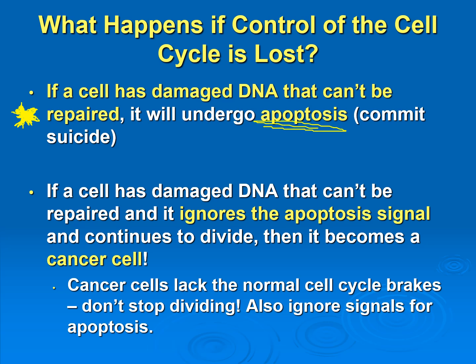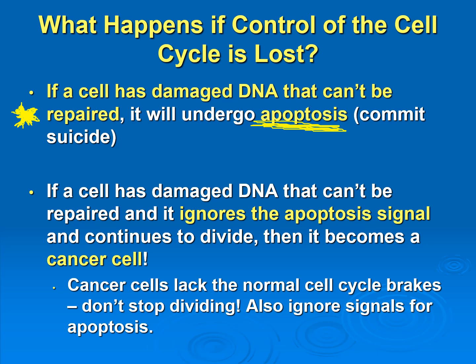It's kind of a weird name, but apoptosis just means that the cell will be told to commit suicide. So it will kill itself, which is kind of a cool idea to think about. The body just realizes that, hey, that cell is just too damaged, we can't fix it, so we've got to get rid of it. And so it gets the signal to kill itself, and that's called apoptosis.